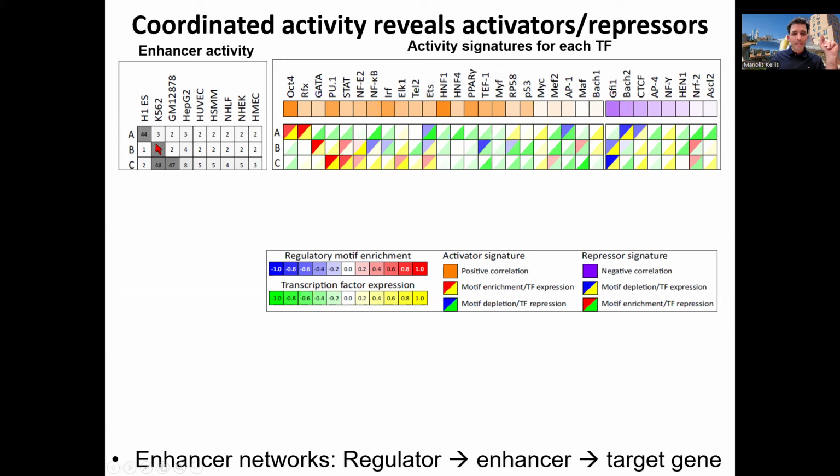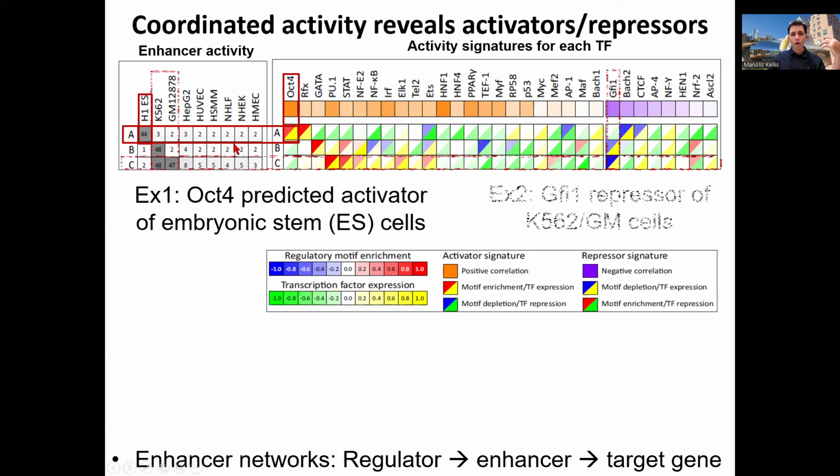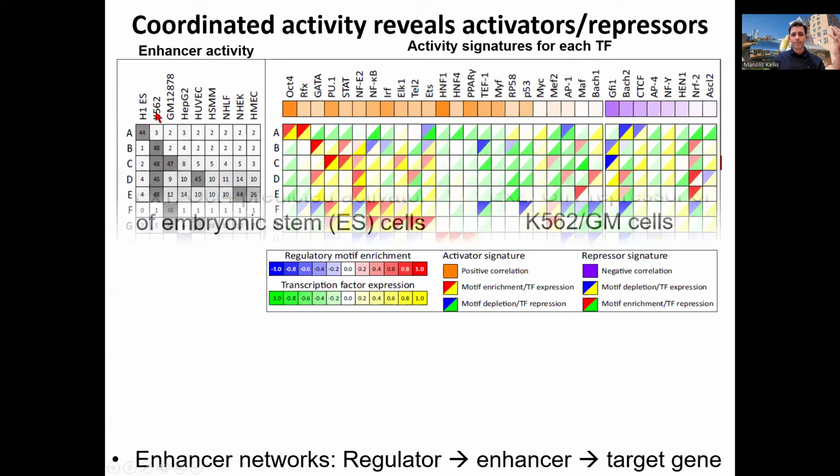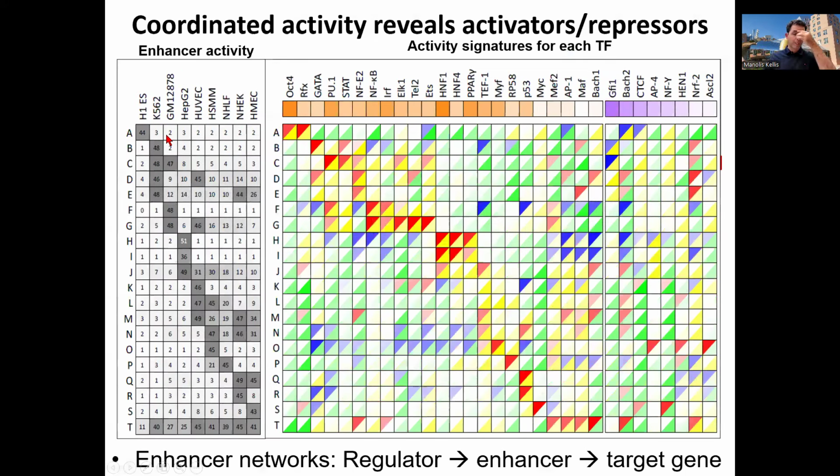So we can basically say in the activity of an enhancer across all of these different cell types, what are the corresponding modules? So basically, I can start looking at modules A, B, C, D, E, F, etc. And I can basically find the modules that are active only in stem cells, or only in immune cells, or only in hepatic cells, and so on and so forth, or the broadly active modules.